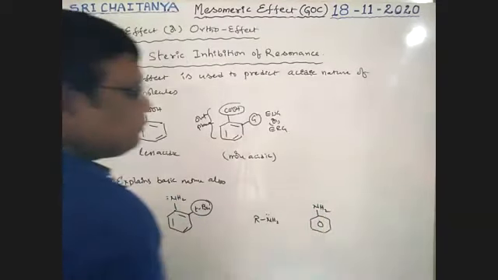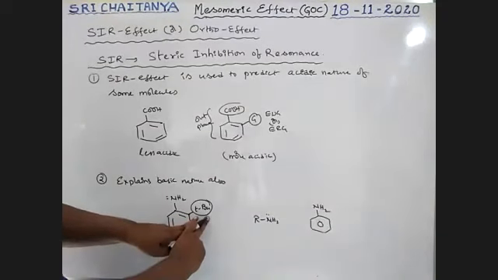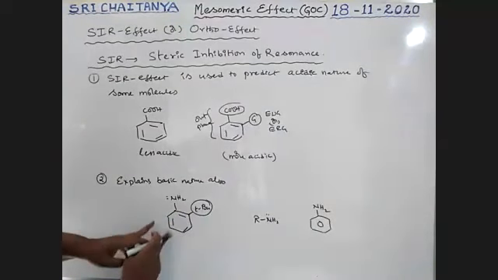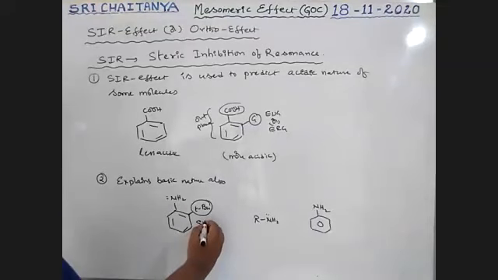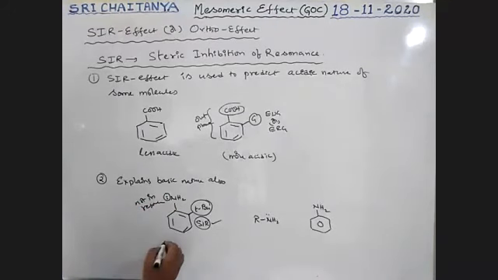See here, it is a bulky ortho group. That means the SIR effect is applied. So automatically this lone pair is not in resonance. Therefore, it is more basic.